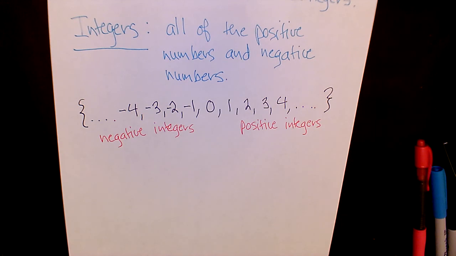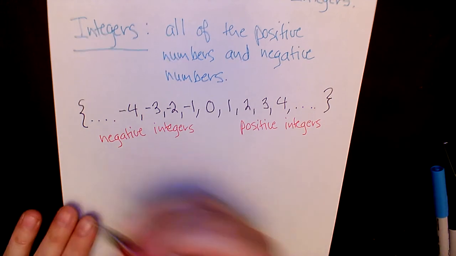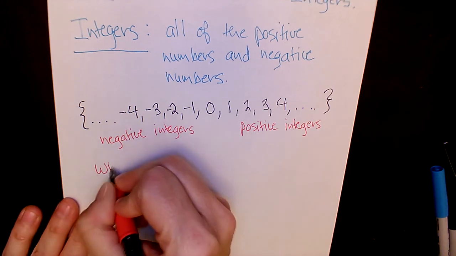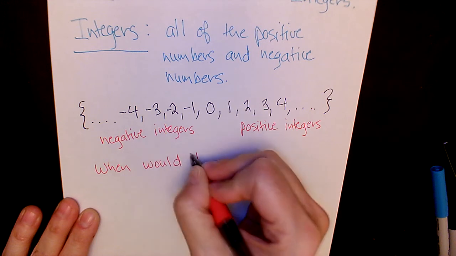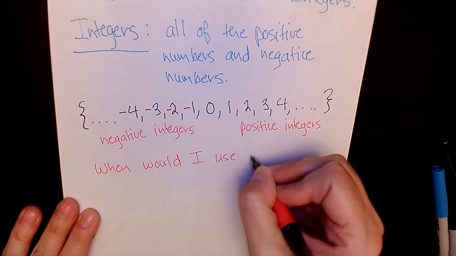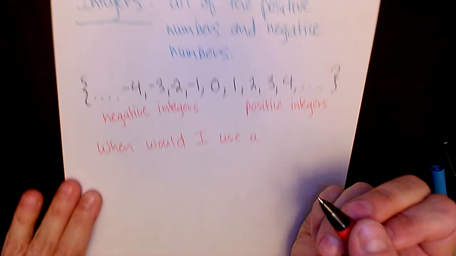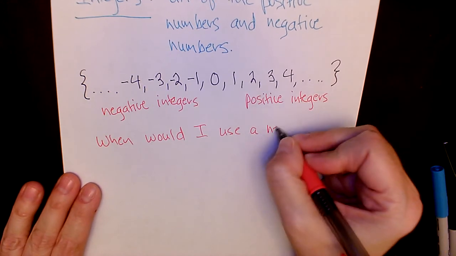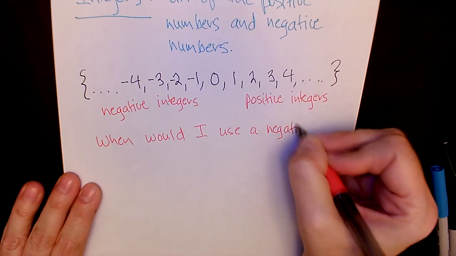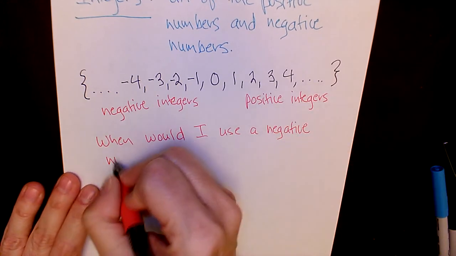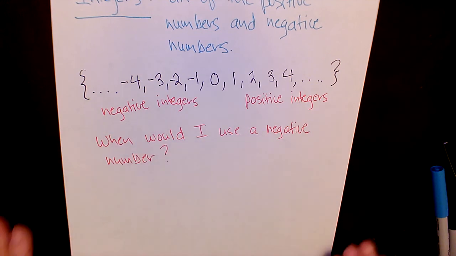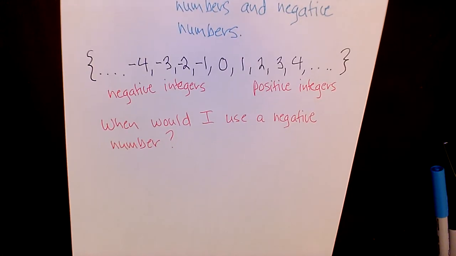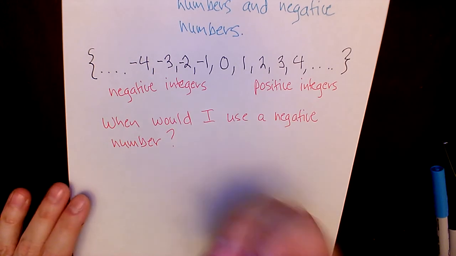When would I use a negative number or integer? Well, I can think of a couple cases. So let's say I was talking about temperature.